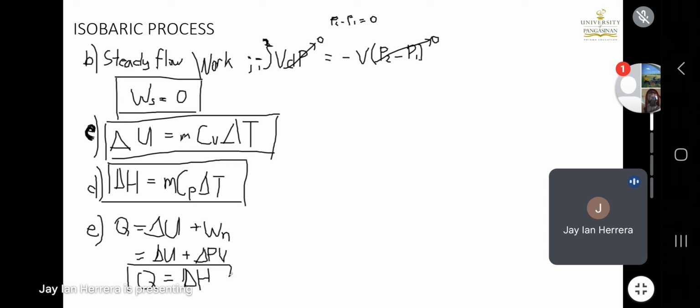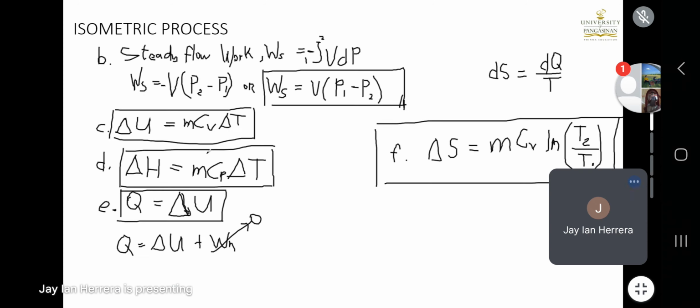For our isometric, our heat is the same as the internal energy, which is CV delta T. Isometric means constant volume.